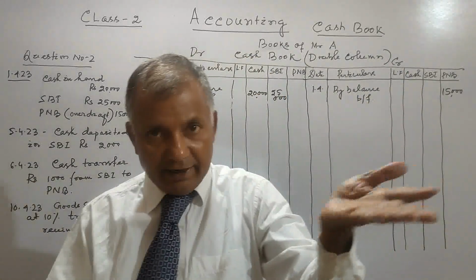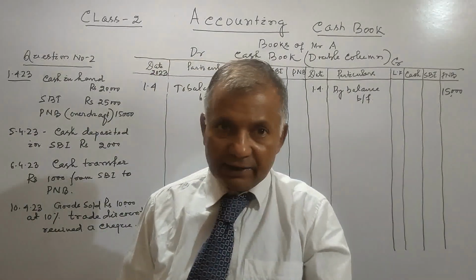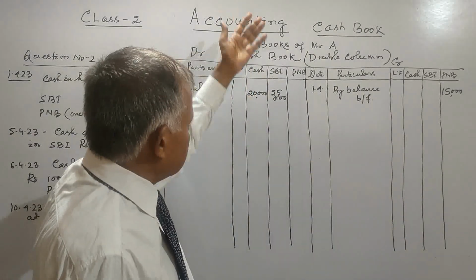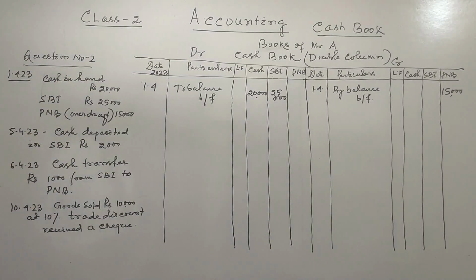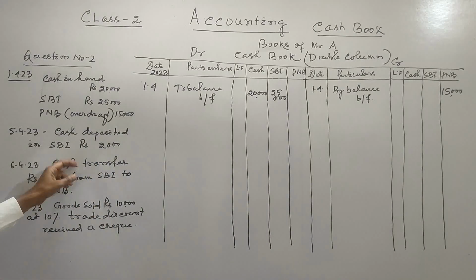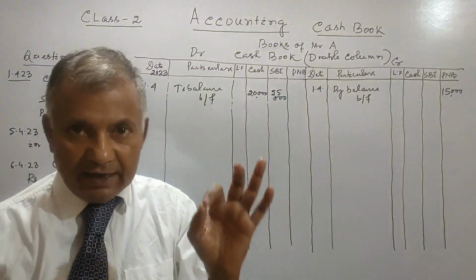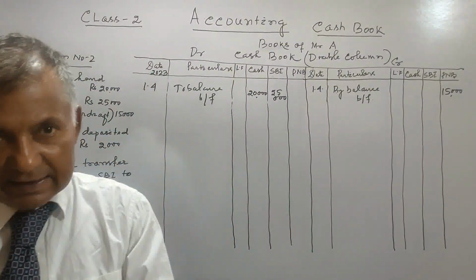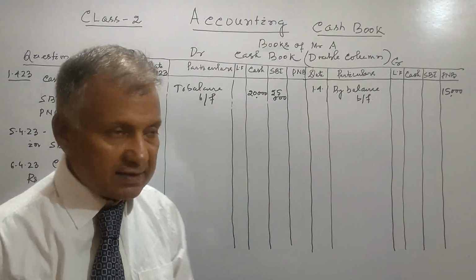Cash is also an asset, asset decrease, that is credit, and bank increase, that is your debit. And the journal entry you can write: bank account, SBI debit to cash, SBI account debit to cash or bank account debit to cash.